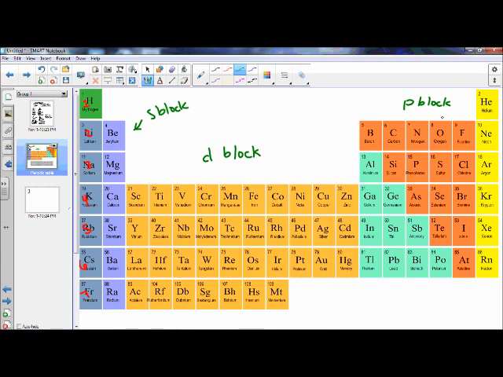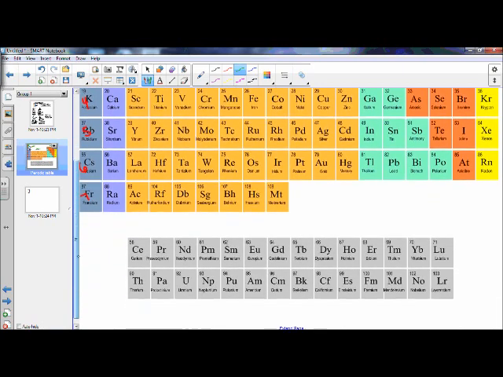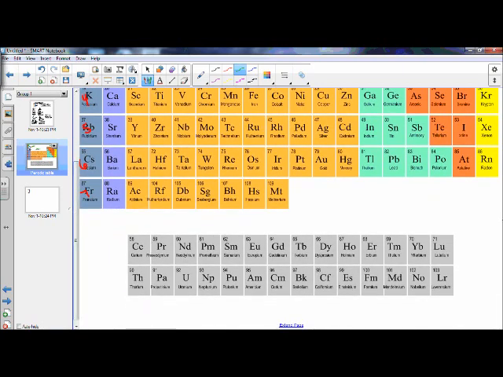Elements that are here, their final electrons are in the p block. And elements here, their final electrons are in the d block. So where's the f block? Right down here.